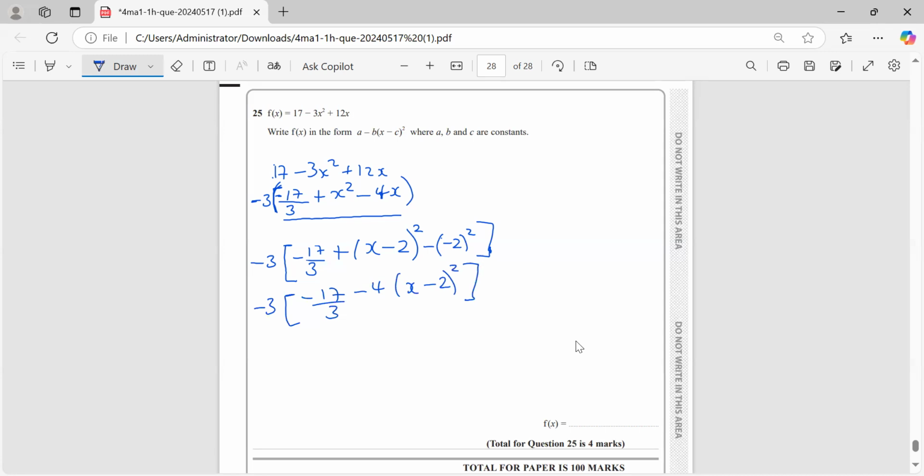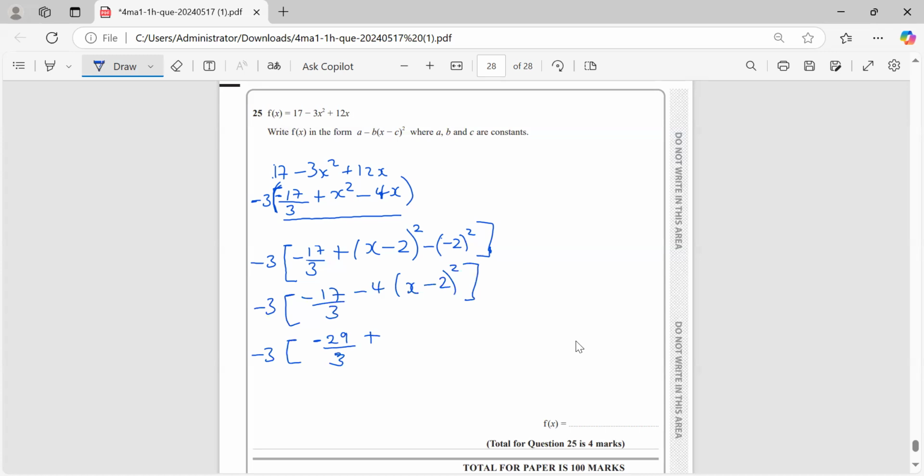Open your square bracket: minus 17 over 3 minus 4. This minus 4 as a whole number is minus 12 over 3. If you do minus 17 minus 12, you get minus 29. So your answer is going to be minus 29 over 3.